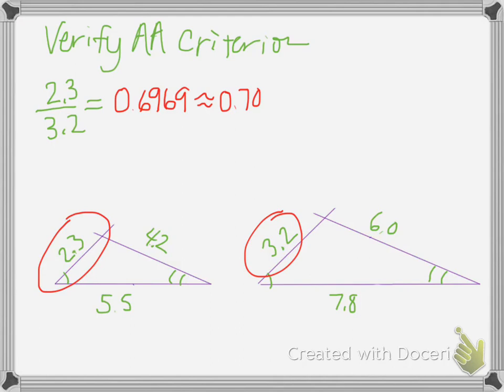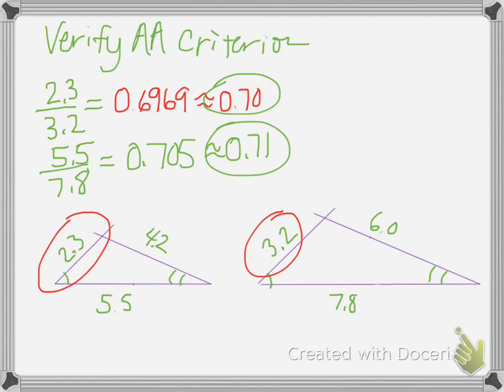The next one would be the 5.5 and the 7.8. And for that one, I'm going to get 0.705, which is approximately 0.71. And so notice these similar ratios. And then the last pair of sides, the ratio would be 4.2 to 6.0. And for that one, I get exactly 0.70. So you can see these ratios are all coming out equal.